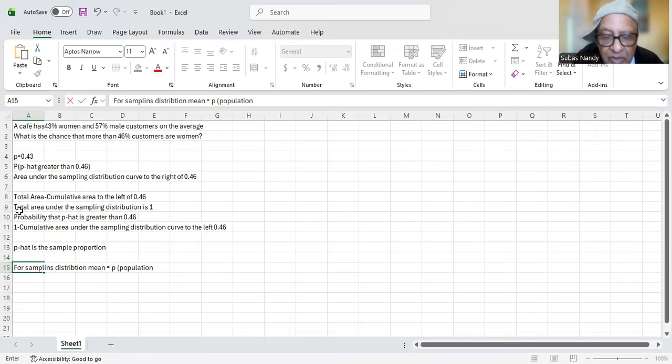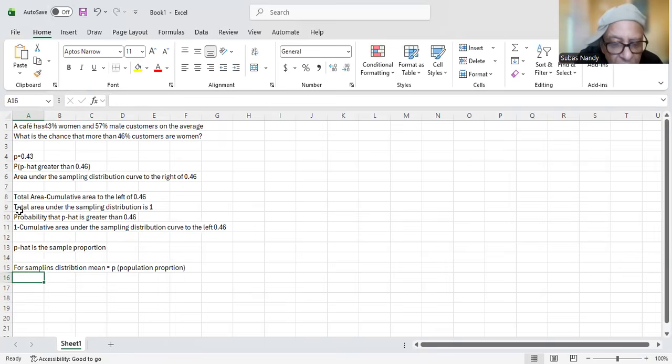Where does it come from? It comes from central limit theorem. So mean is equal to P, which in our case is 0.43. Okay.